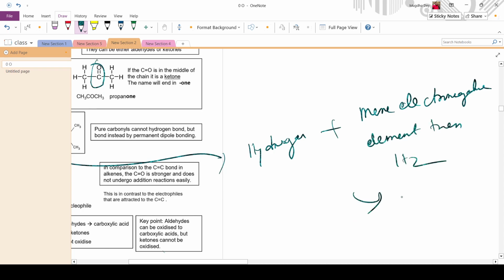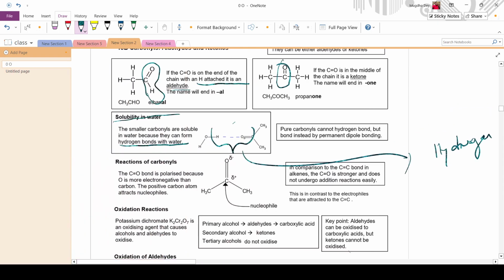In this case, that is oxygen, right? We get the oxygen from the carbonyl compound and the hydrogen from the water molecule. All right, so that is solubility. Another thing: pure carbonyls cannot hydrogen bond, but bond instead by permanent dipole-dipole bonding. I'll explain this a little while later.